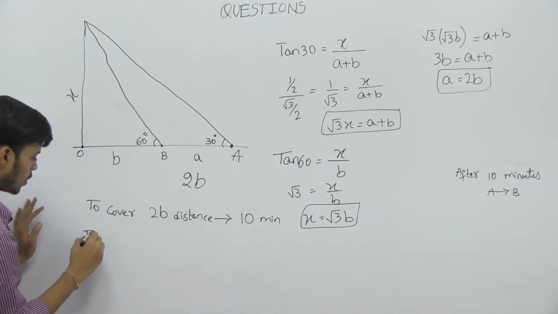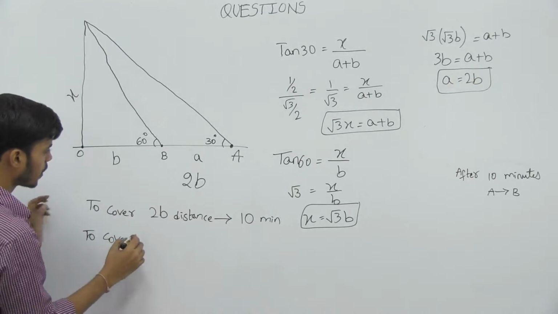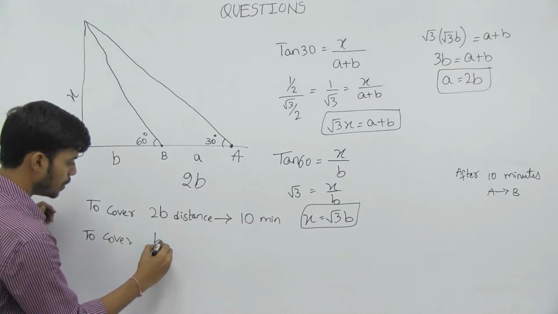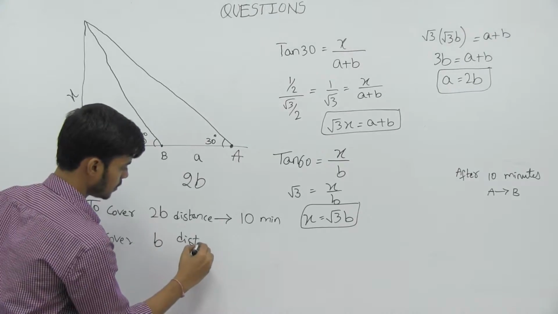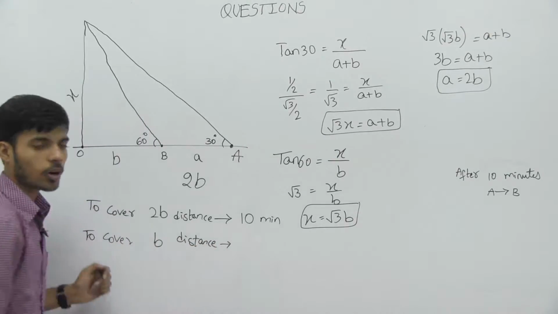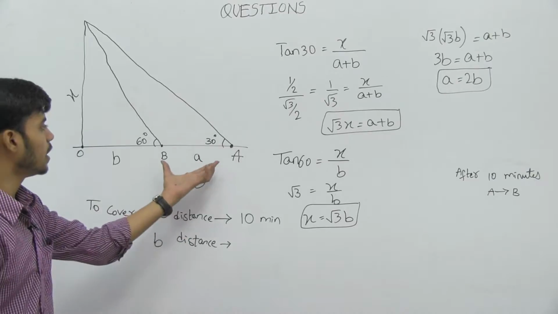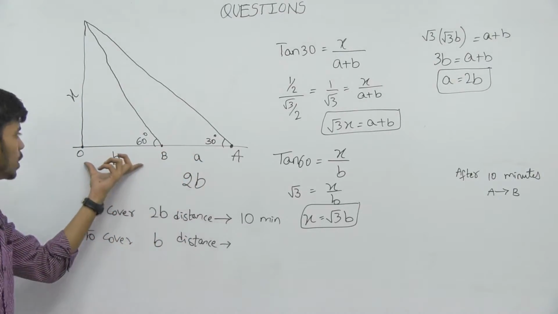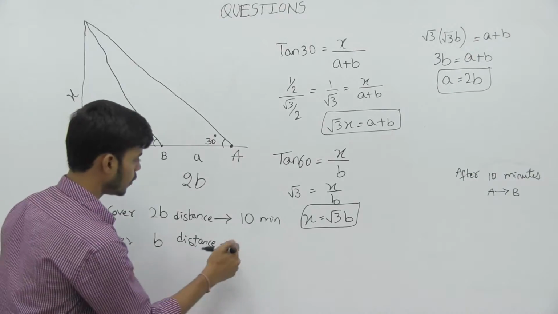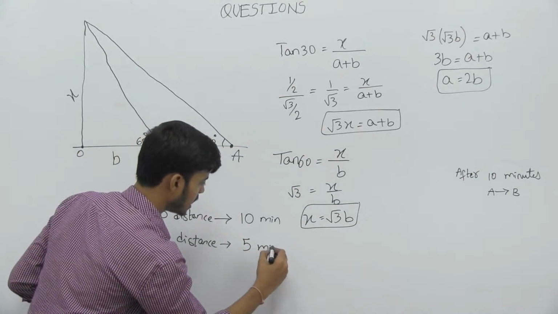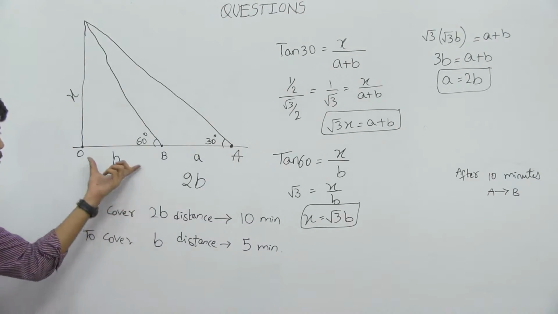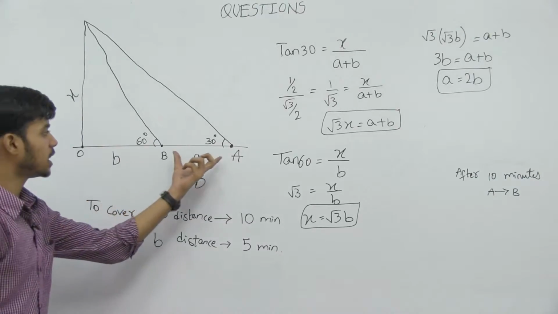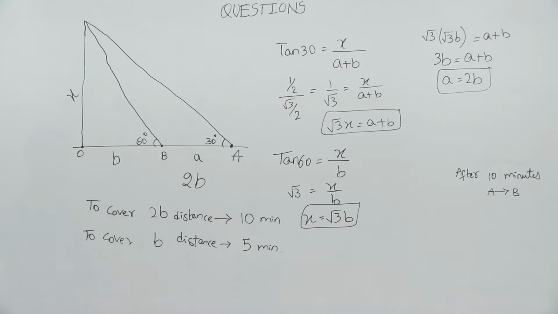So to cover B to O, which is b distance, if he is walking at constant speed, meaning the speed at which he walked from A to B is the same from B to O, then we would definitely have it as 5 minutes, because B to O is half of the distance from A to B. So he will take 5 minutes to reach the tower.